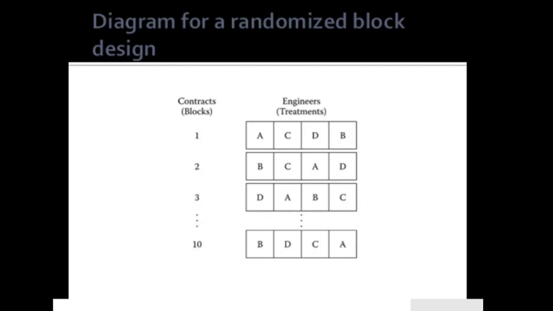So then it will be hard to compare the mean time. Okay, in this method, we are blocking the variability caused by the difference in the contracts.